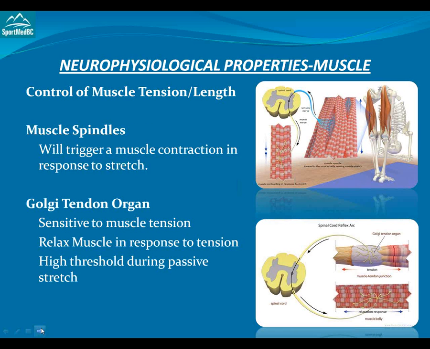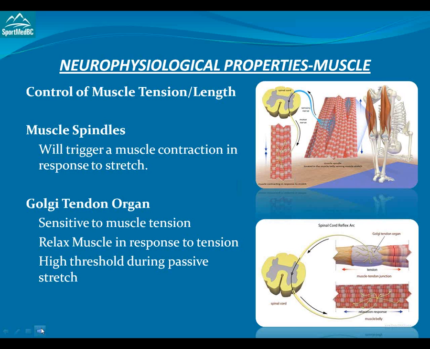The muscle spindles are located within the muscle fibers, and really the muscle spindle reacts to an aggressive stretch of the muscle, and with that it gives feedback to the spinal cord, and then it will give us a response or a reflex where the muscle will contract to protect it from an excessive stretch. So that's the muscle spindle.